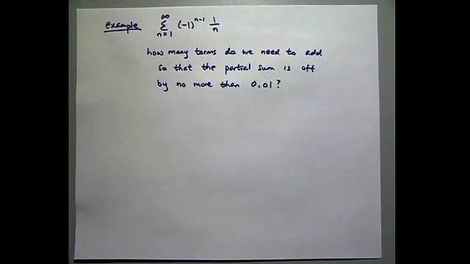And that's a very, very practical question. You can add all of these, and the question is, how many times do I need to do that so that I have this desired accuracy?